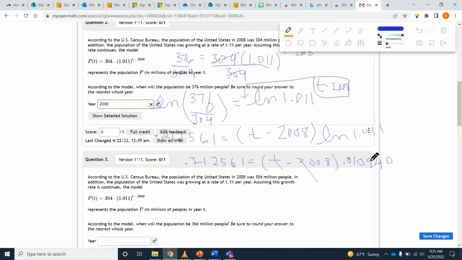All right, so now I can multiply this number through these parentheses and just distribute it. So I'll have this number times the t.